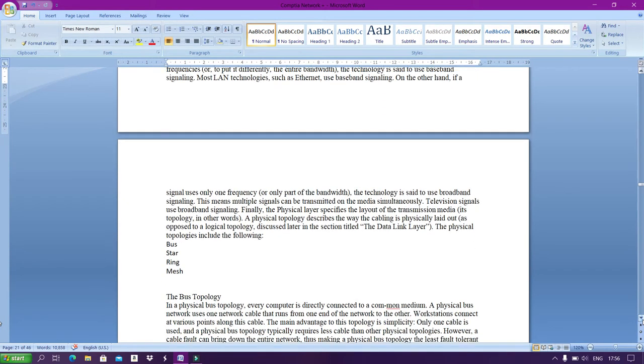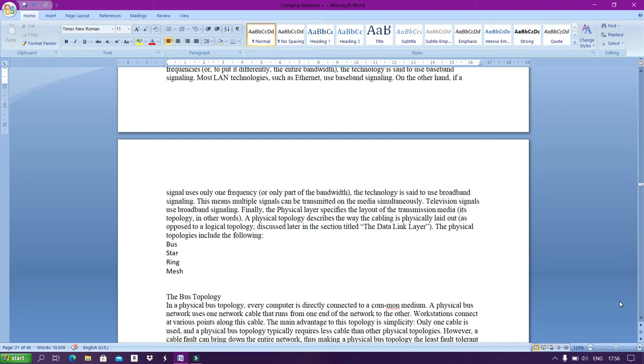On the other hand, if a signal uses only one frequency, the technology is said to use broadband signaling. This means multiple signals can be transmitted on the media simultaneously. Television signals use broadband signaling.